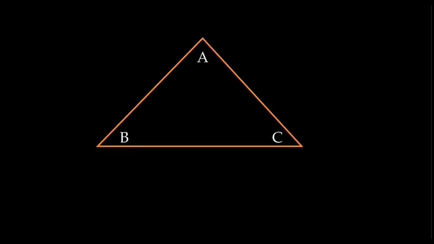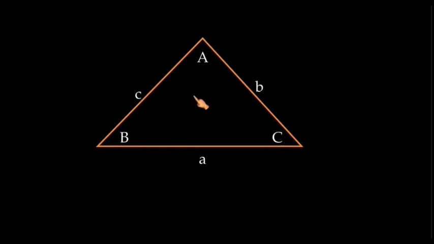So what we have is a triangle here on our screen. We've talked a lot about how to find the C side, the B, the A, and the angles: the A angle, the B angle, and the C angle. We know how to do this.